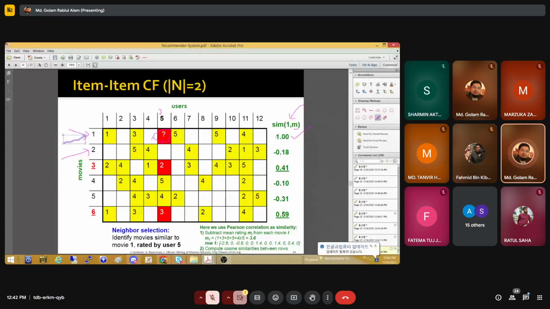Then we have to find the similarity between 1 and 2 here, and then 3, 4, 5, and 6. These are the similarities. Here we have applied the Pearson correlation as the similarity.